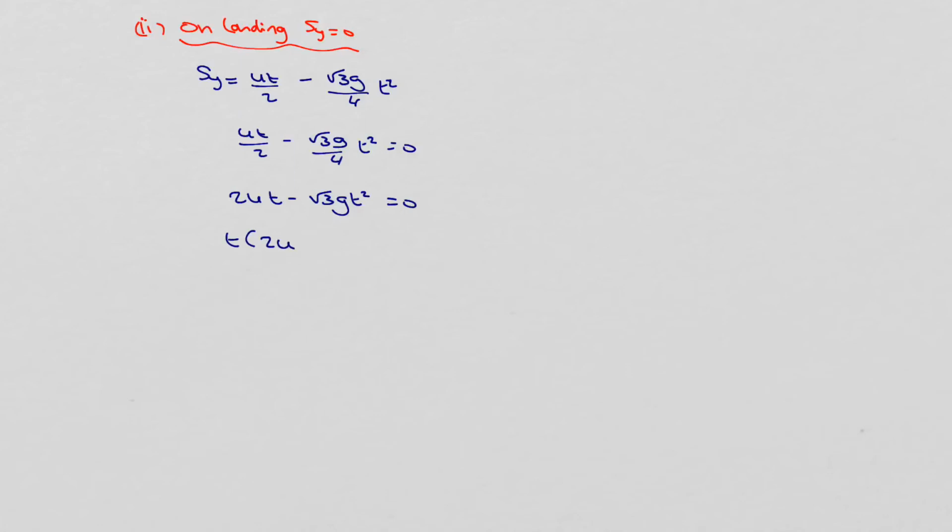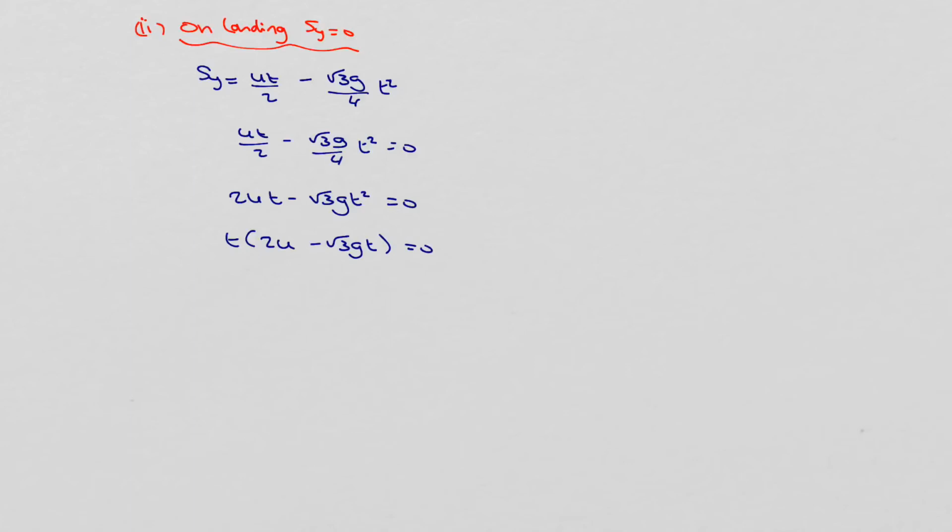So our sy is ut over 2 minus root 3g over 4 t squared. If I let that equal 0, and then multiply across by 4, because it's my lowest common denominator, I'll end up with 2ut minus root 3g t squared equals 0. Highest common factor is t, leaving me with t times 2u minus root 3g t.